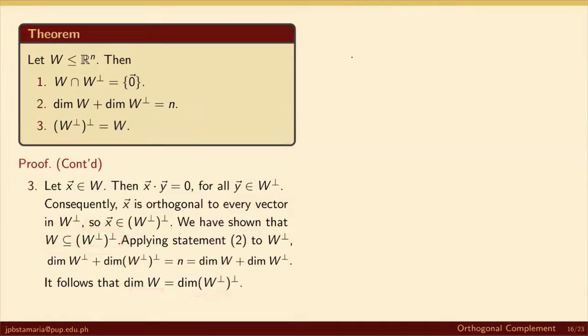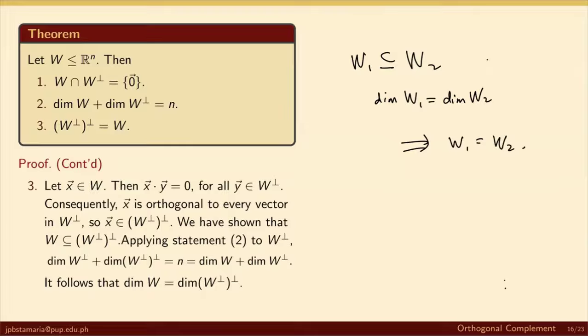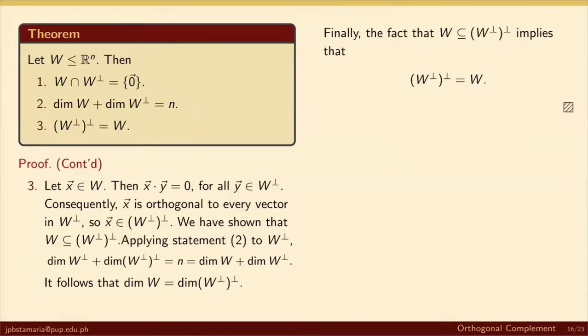These are properties of subspaces, right? If W is a subspace of, let's say, W2, and their dimensions are the same, this is telling us that they are not actually different from one another. The truth is, they are the same. We have a theorem about this before. So that concludes that they are equal. Okay?